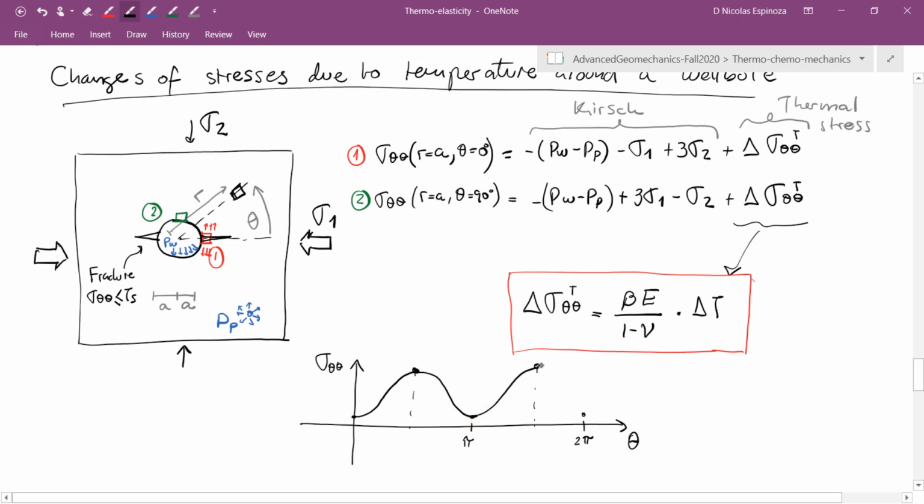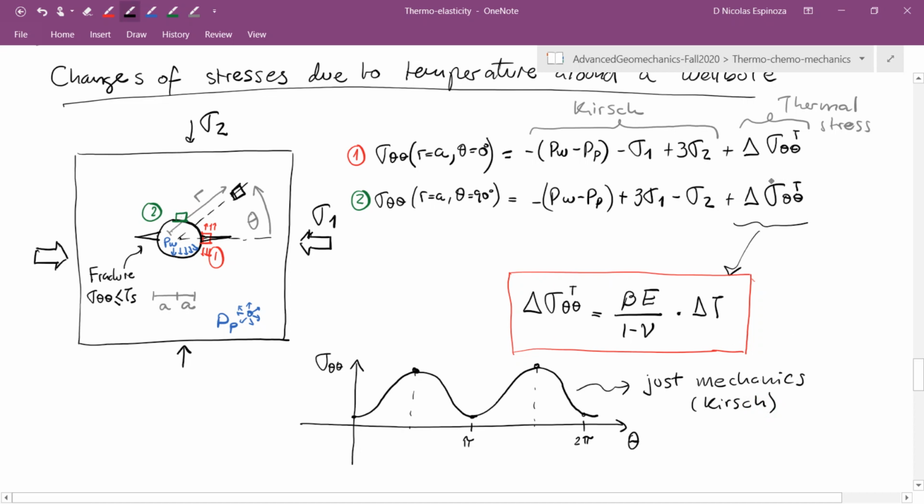And this plot is telling you what is the variation of the hoop stress around the wall of the wellbore, just taking into account mechanics, and what I mean is just part of the Kirsch equation with the mechanics only.